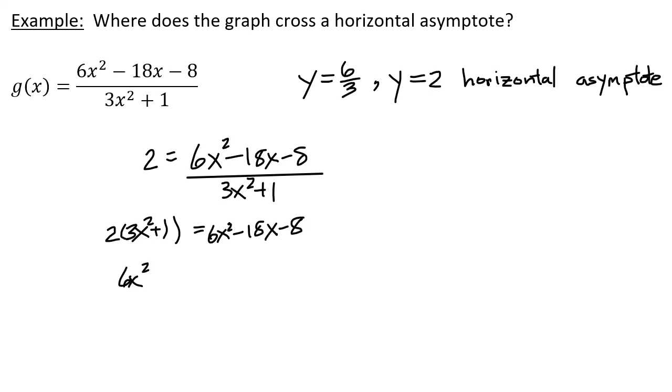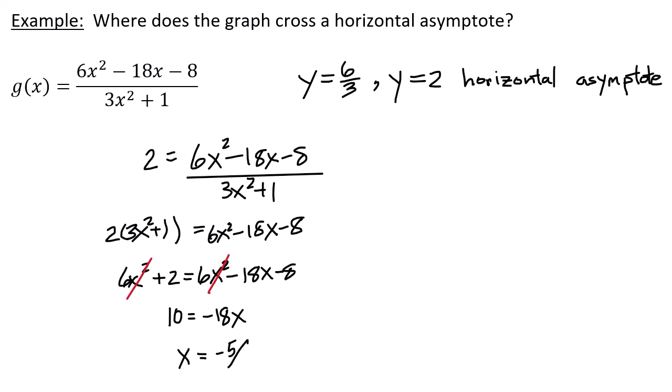6x squared plus 2 equals 6x squared minus 18x minus 8. I can subtract 6x squared from both sides, and I will get 10 equals negative 18x, or in other words, x is equal to minus 5/9.